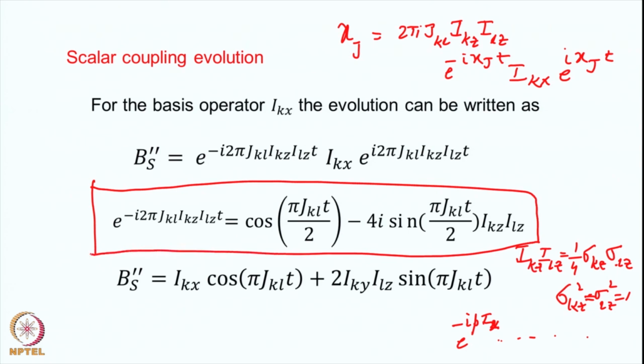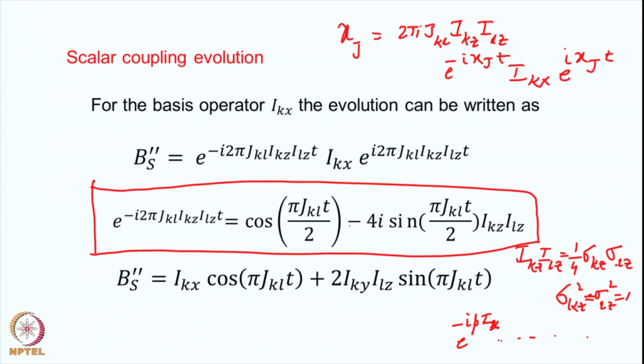So we will actually use this equation now as it is and calculate the evolution of the Ikx operator under the influence of this. In this place we will have to put this, and on this place we should put Ikx, and this will be a plus sign. When you write for e to the i 2 pi jkl ikz ilz t, then this will be the same as this, except we will have a plus sign here for the i sine term.